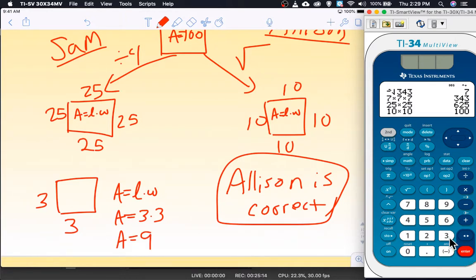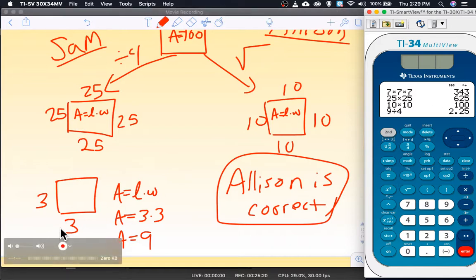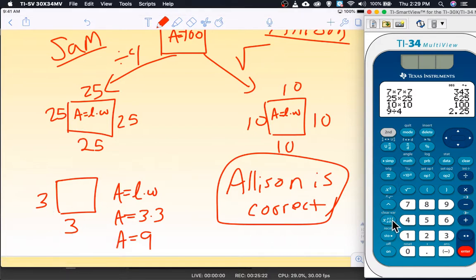But using Sam's method, if we took 9 and divided by 4, it would say our side length should be 2.25, which is not correct. So there's a counterexample showing why his method doesn't work.